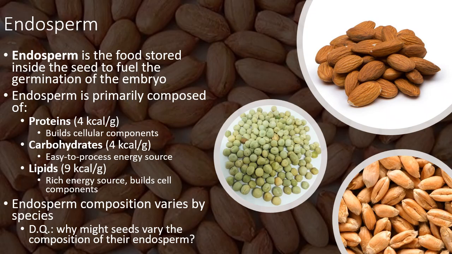They contain primarily proteins and lipids. Wheat contains primarily carbohydrates and some protein, usually around 11%. And then peas are mostly protein and carbohydrates. So there are some variations in which nutrients we have based on the species.